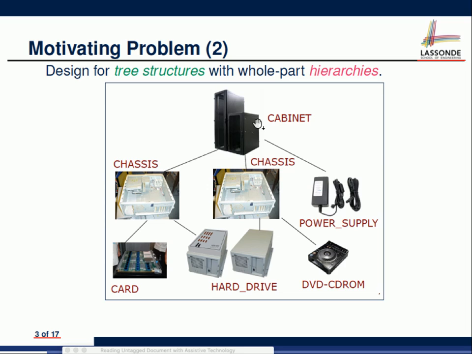They might contain other things. If you talk about trees, you can think about cards and hard drives as more like the leaves of the tree. And cabinets and chassis are more like internal nodes of your tree. Guys, make sense? Okay, composite is a very general pattern, but we'll just use this particular old example to explain.